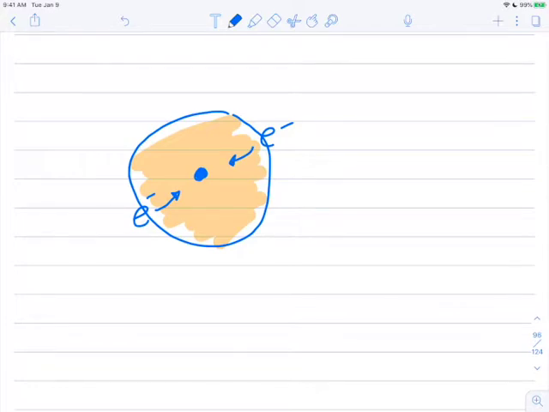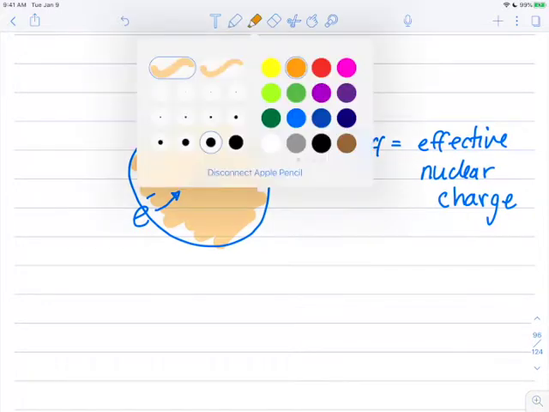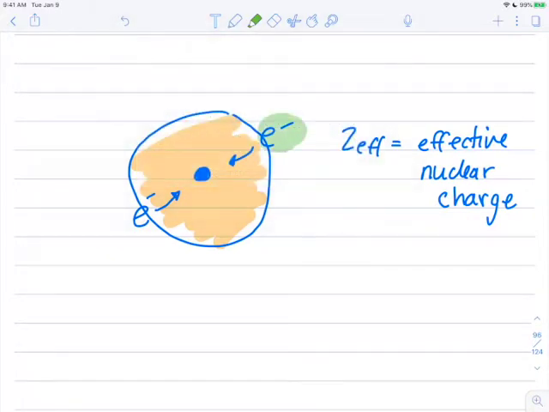And the size of the atom depends on how well those protons are drawing the electrons in. So here, we want to know how powerful is your nucleus. And the Z effective, the effective nuclear charge, this is the charge that's actually felt by these electrons.